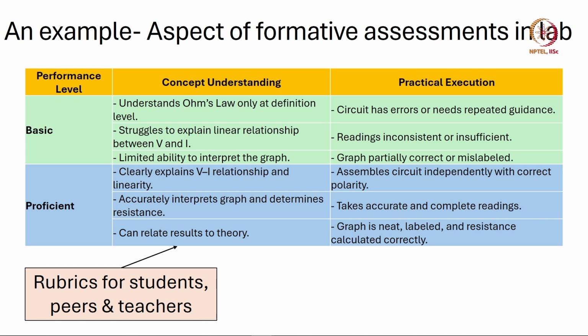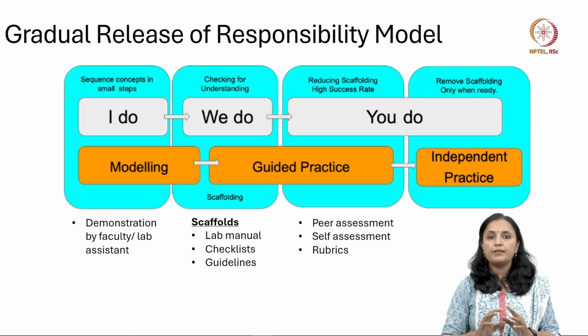So, to summarize, whatever aspects we have discussed so far are all related to the gradual release of responsibility model. How are they related? In our last webinar, we discussed the zone of proximal development, the ZPD.